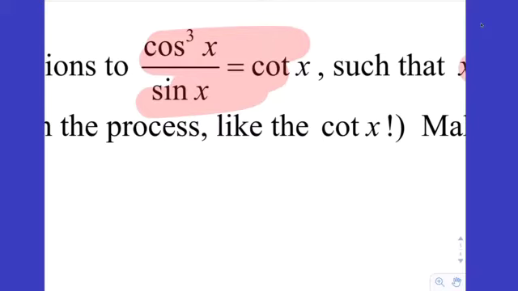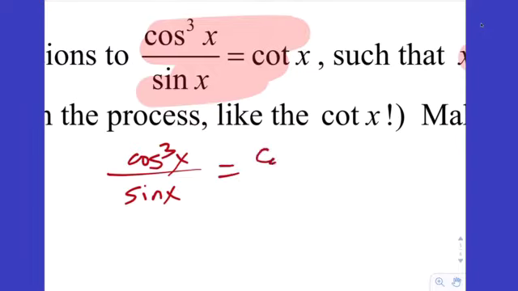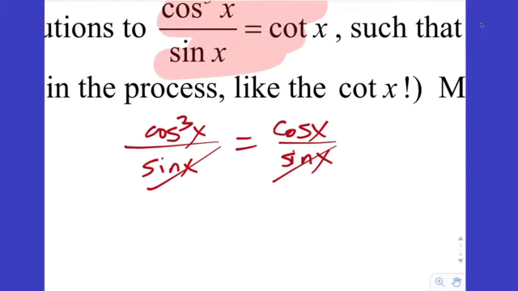Cross out the 3. Put it in terms of sine and cosine. That works. Okay. So we got cosine cubed of x over sine of x. That's already in terms of there. Would you want to bring the cotangent across as well? Maybe not. Equals cosine of x over sine of x. Now, one of those sines divides out from both sides, and one of those cosines divides out from both sides.